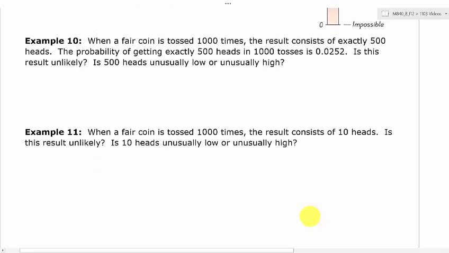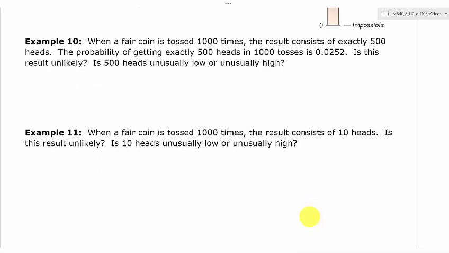In our next example, a fair coin is tossed 1,000 times, and the result consists of exactly 500 heads. The probability of getting exactly 500 heads in 1,000 tosses is 0.0252. Is this result unlikely? Let's stop there and answer that question.